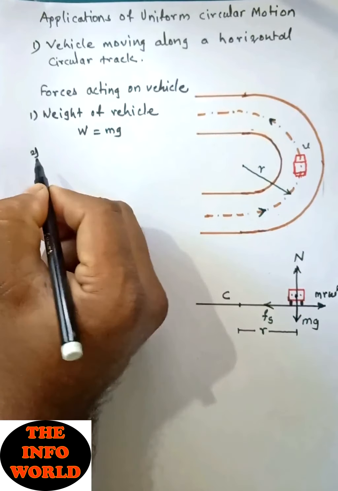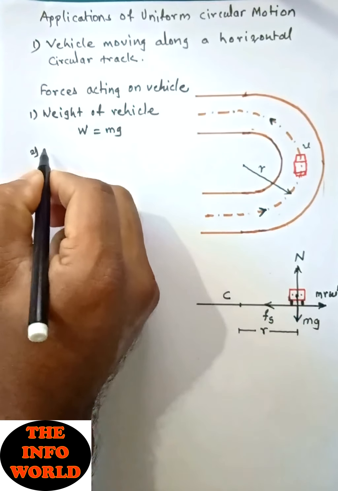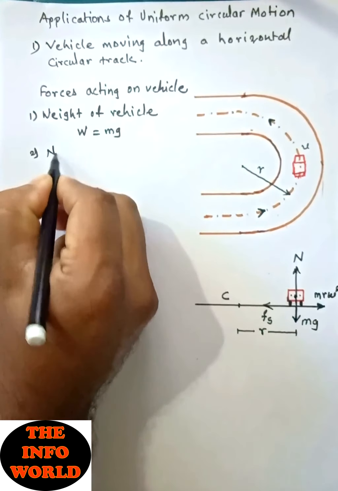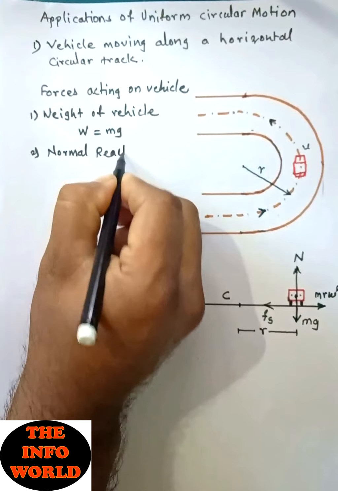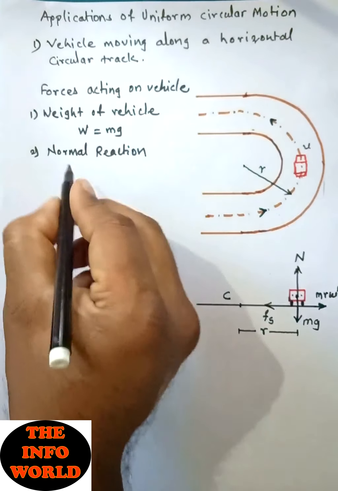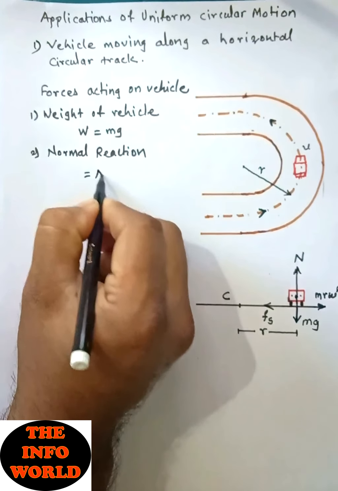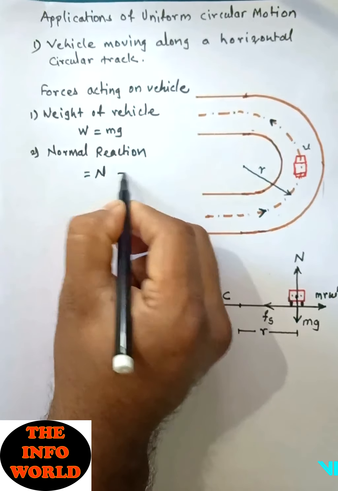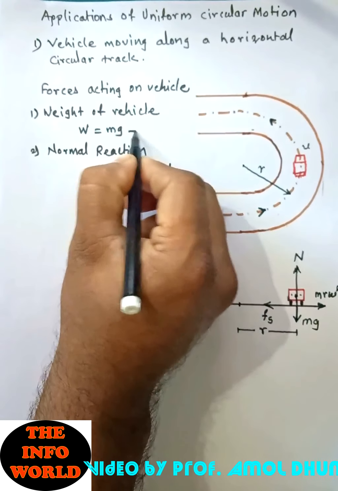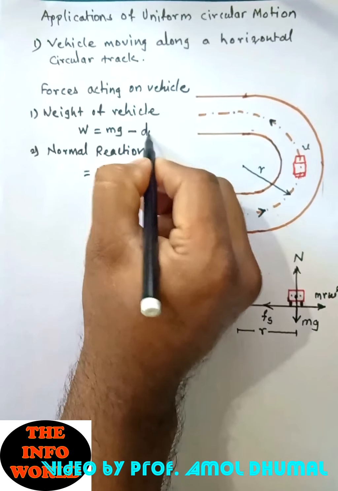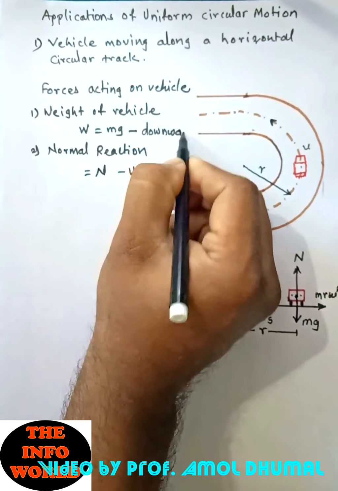Then second, this weight of the vehicle is balanced by the normal reaction from the road. It is given by n, in upward direction, while the weight of the vehicle is acting downward.